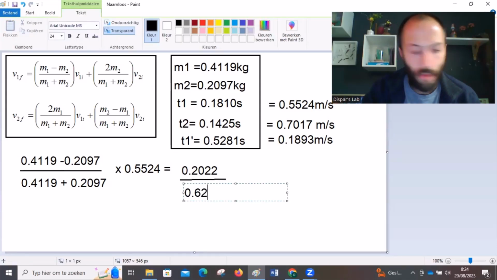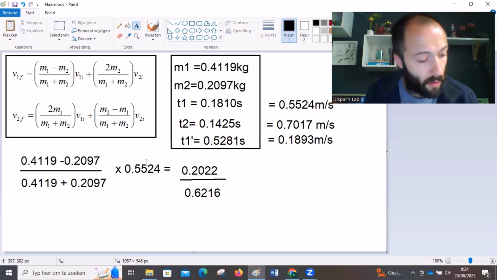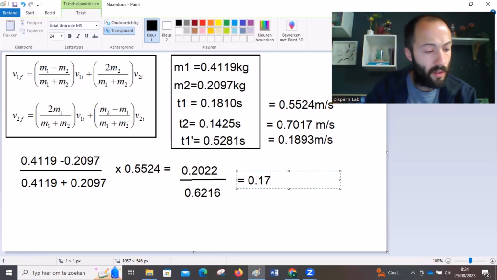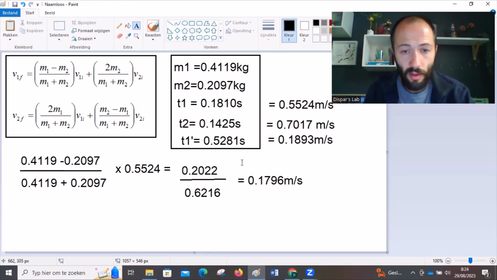All right, so 0.2022 divided by 0.6216, times 0.5524, equals 0.1796 meters per second. This is the prediction for cart 1 after collision.